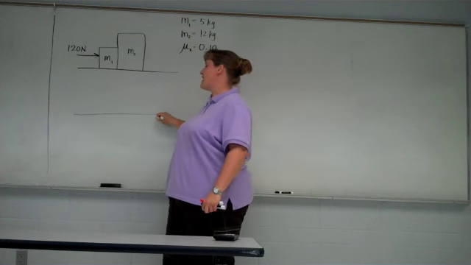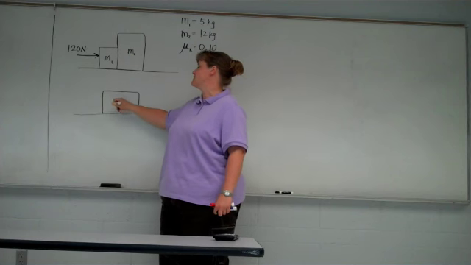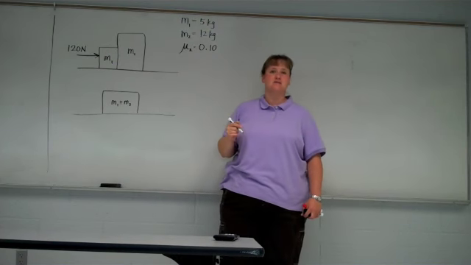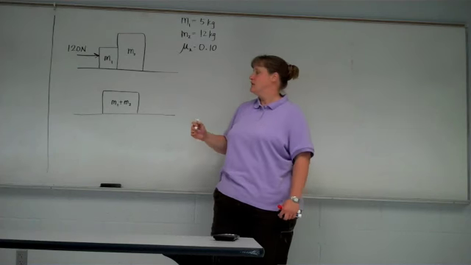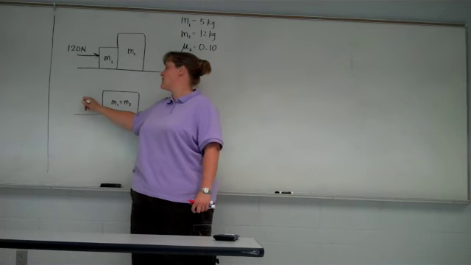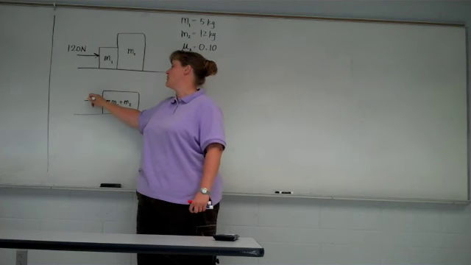So to find the acceleration, it's perfectly valid to treat them as if they were 2 boxes with a total mass of 17 kilograms, and look at the net force as a whole. So the forces on our boxes, we have our 120 newton force to the right.